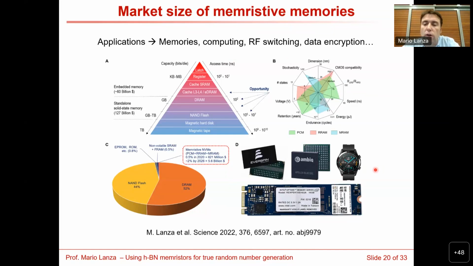Although the consolidation of this memory within the memory hierarchy will take time, and it will be good for some types of applications, and for others we will keep using traditional memories.